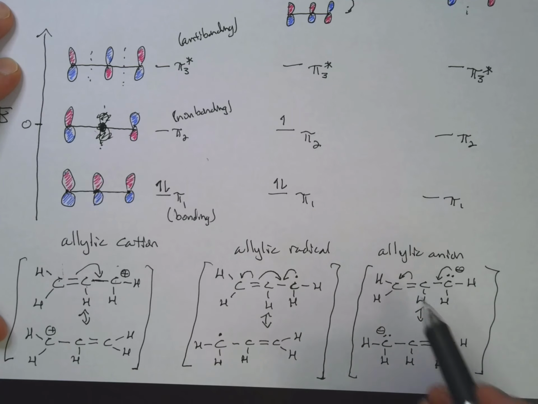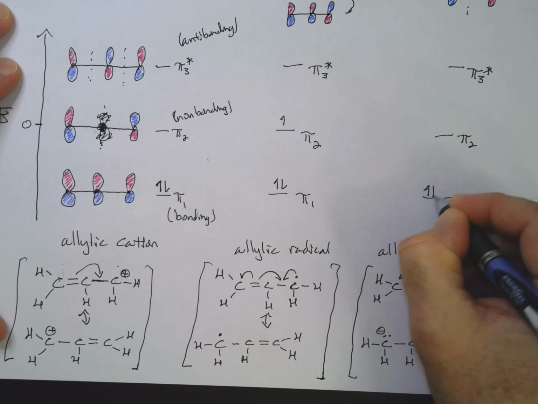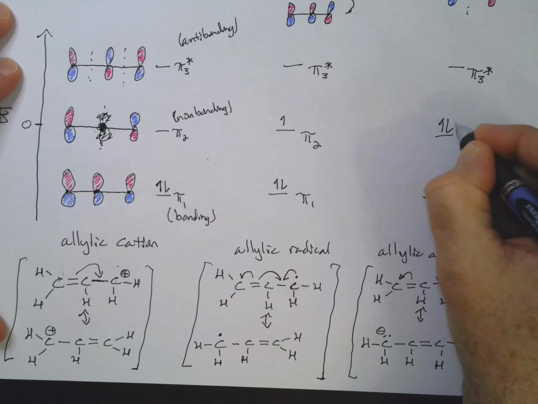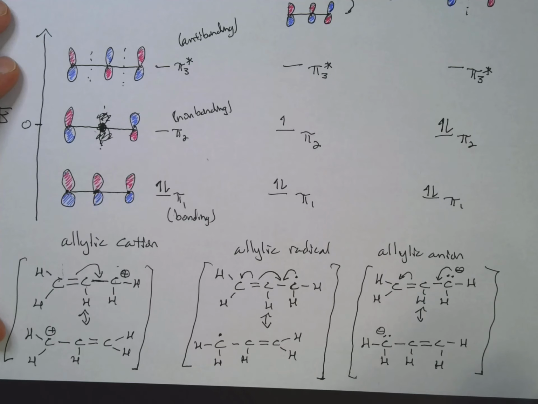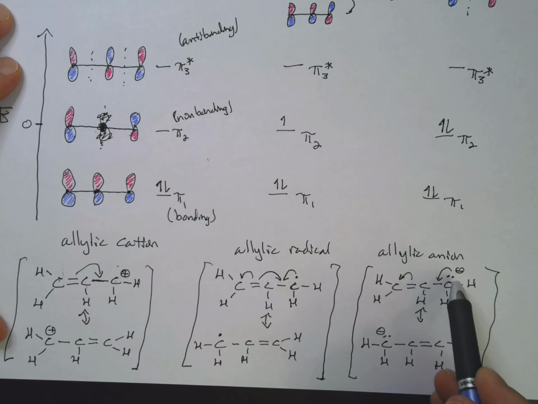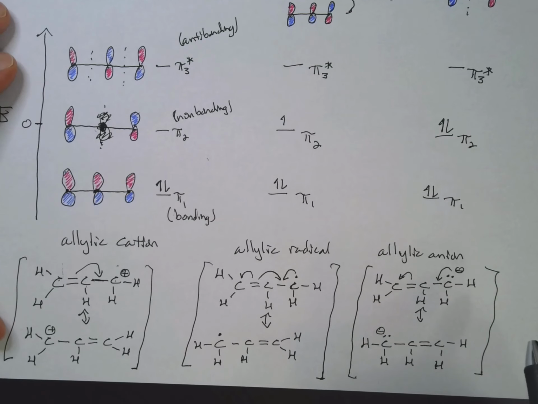Same thing with the allylic anion. I've got 4 pi electrons. 1, 2, 3, 4. So that accounts for what we observe with the resonance structure, or what we explain with the resonance structure, that we've got the negative charge delocalized on the two ends of the molecule.